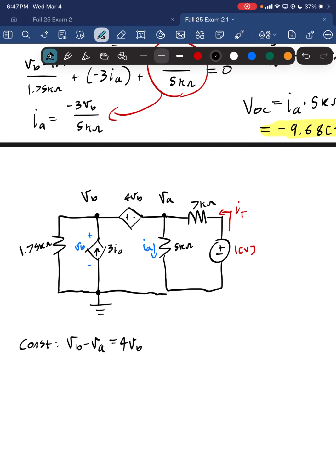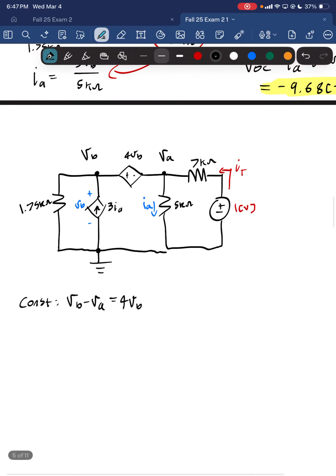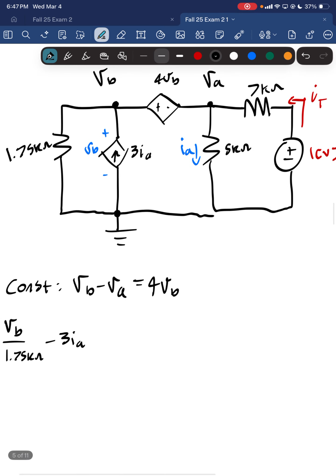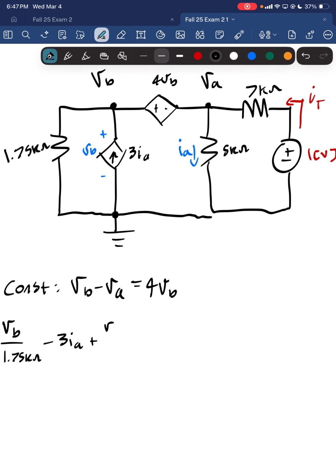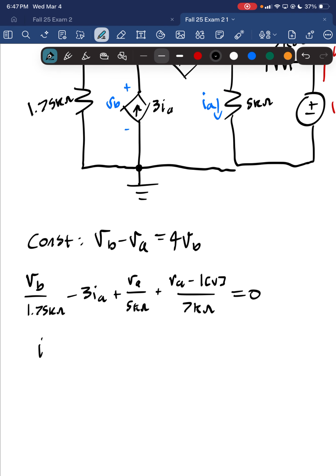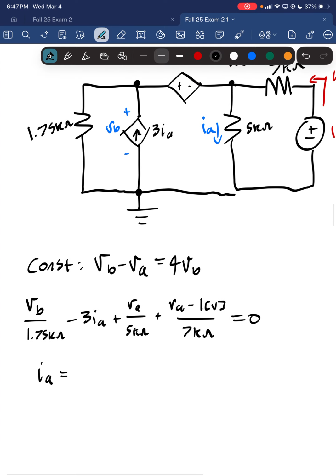But when you do your nodal analysis, you're still going to have this current, this current, this current, and that current. Either approach is fine. And so then your nodal equation is going to be VB over 1.75 kiloohms minus 3IA plus VA over 5 kiloohms plus VA minus 1 volt over 7 kiloohms equals 0. And then your IA is just going to be VA over 5 kiloohms.